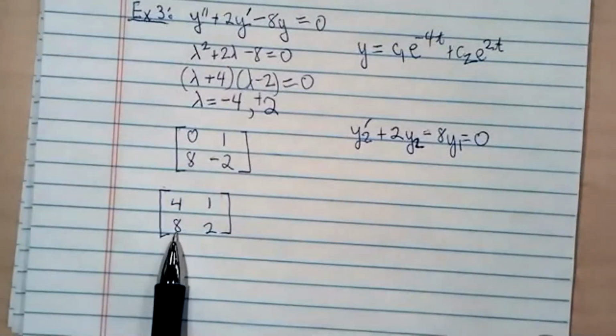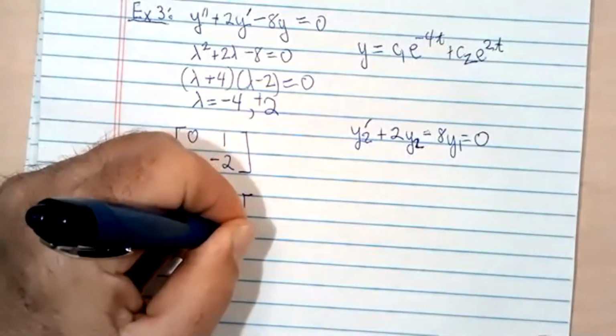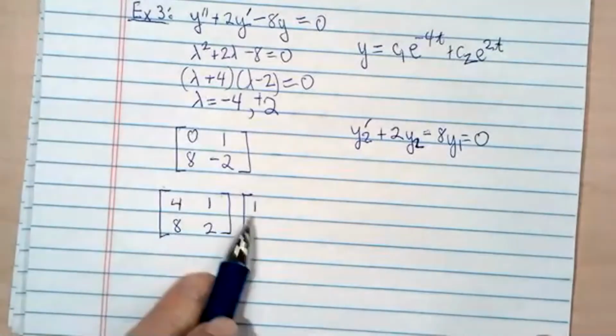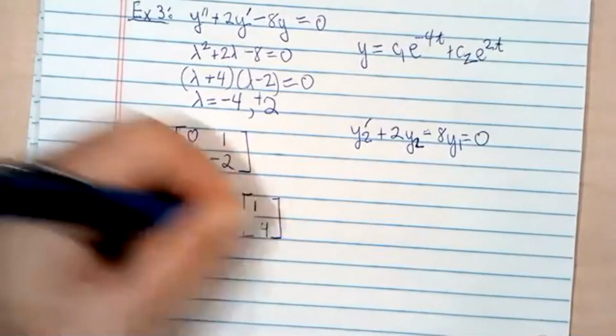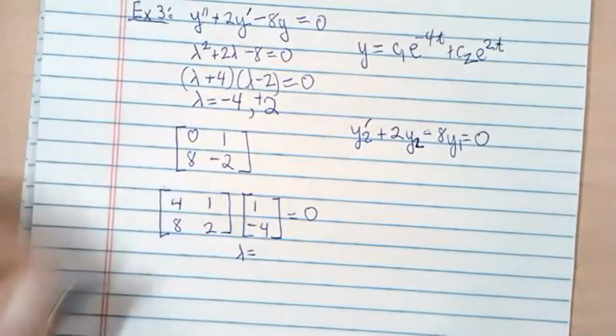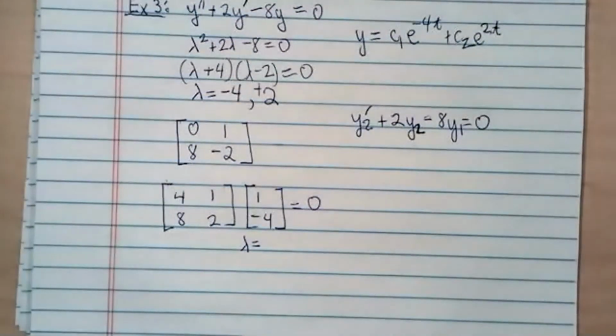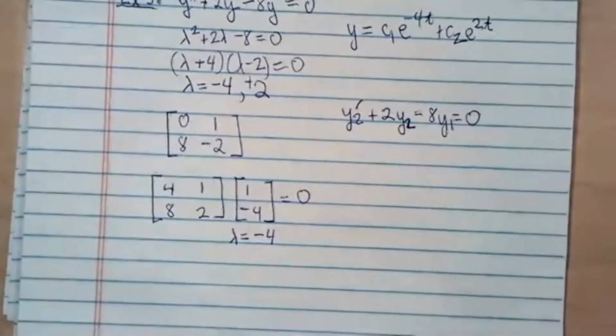And it is true that the second row is a multiple of the first. So I'll put a 1 in here and then a -4 in the second. That'll work. That gives us 0. And that goes with lambda equals -4.